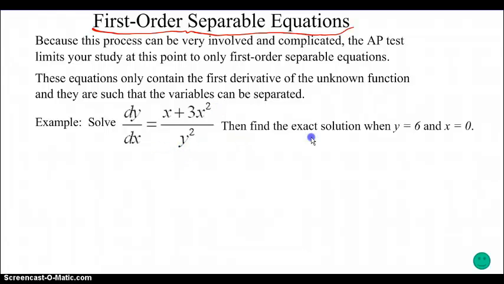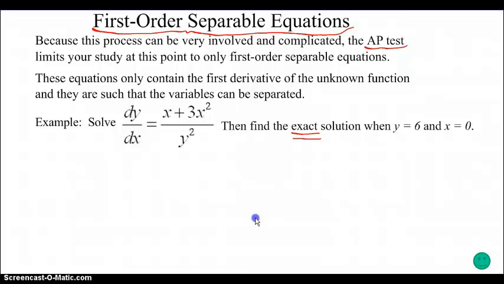In other words, when they ask us to find the particular solution or the exact solution or even the general solution, we are going to be able to separate our x and dx and our y and dy terms. Okay, that means they're going to be first order separable equations. So because it can be very involved and complicated, the AP test has chosen only to use those types of differential equations to ask us to find the original function.